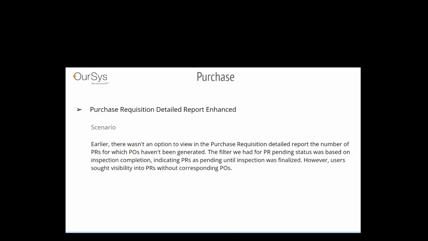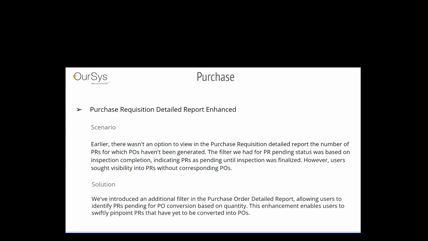Earlier we had the filter of PR pending, but that filter used to work for the number of PRs which are pending for inspection. However, if any purchase user or production user who had raised a purchase requisition wanted to know which of their purchase requisitions did not have a PO, then that report could not be extracted from OurSys.